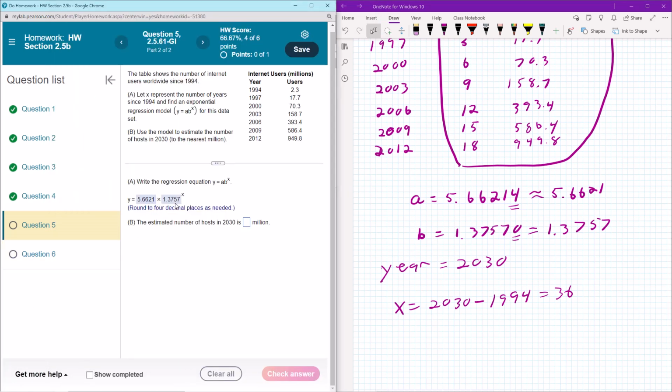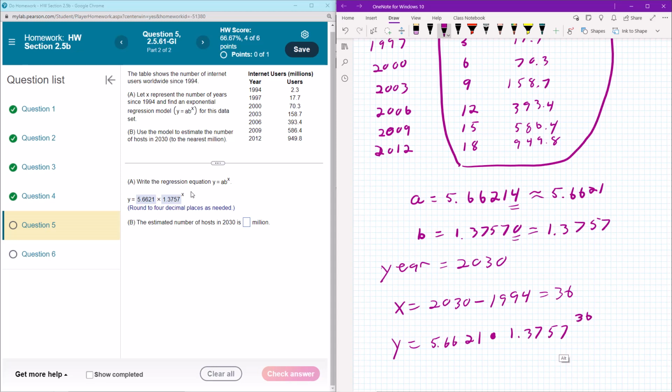We have this number, we have that number, we know that X is equal to 36. So Y is going to be equal to 5.6621 times the quantity 1.3757 raised to the 36th power.